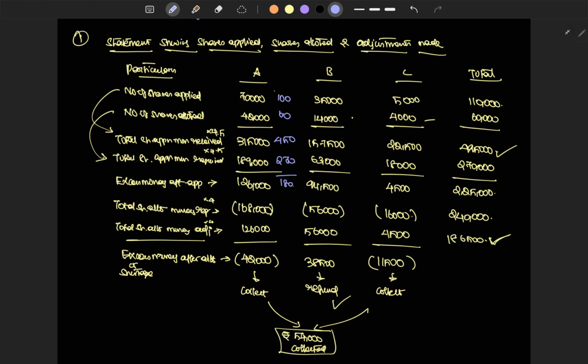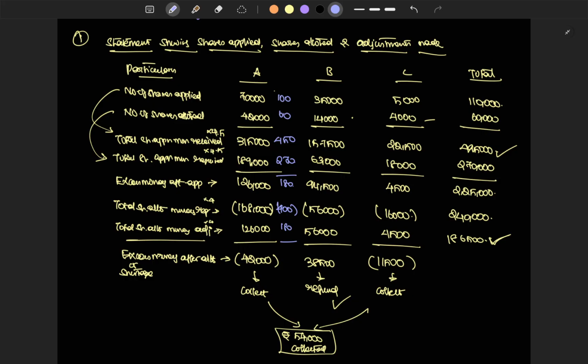Then how much money? 400. 400 he has to pay. 400 allotment money we require. But how much money has been adjusted, which is 180. 180 adjusted. How much money does he have to pay now, which is 280.